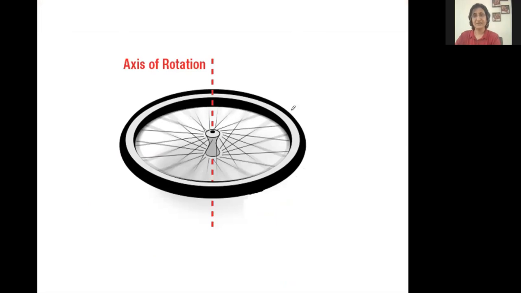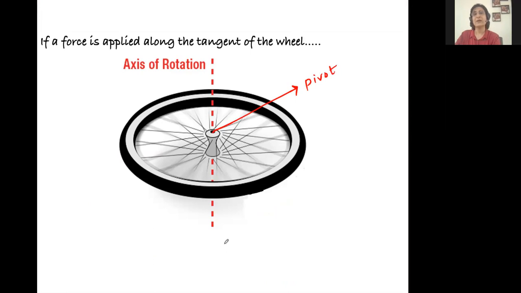Here you have a wheel which is pivoted. This is the pivot. So you have the axis of rotation passing through this pivot. And now, if a force is applied along the tangent of the wheel, if the wheel is circular, so this is along the tangent.